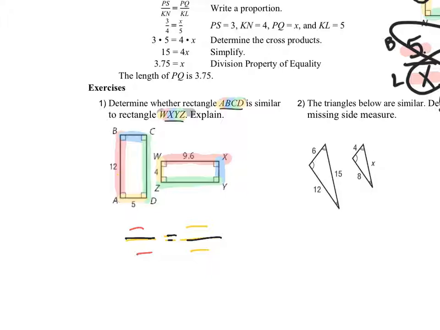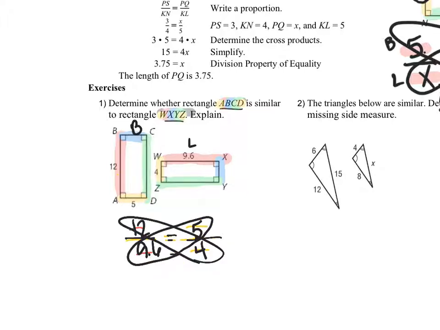So that being said, red is 12 over 9.6. So I did this one big over little. And then yellow would be 5 over 4. So if I multiply these, 9.6 times 5 and 12 times 4, I would get 48. So you should have got 48 on both sides.